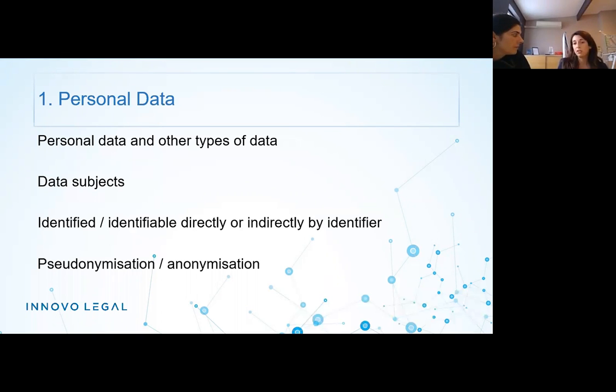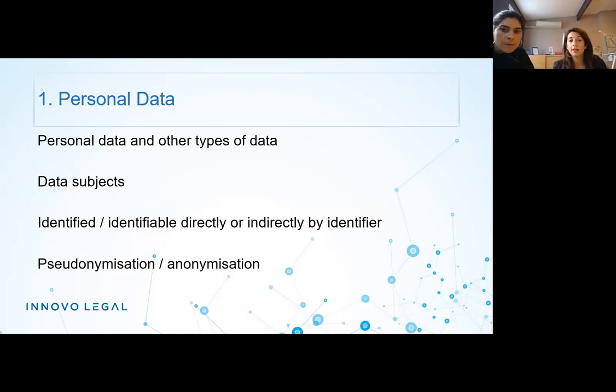So there's been a lot of argument worldwide in the privacy world around geolocation or IP address on the internet, cookies, etc. The GDPR, at least at this point, what we understand is that it's going to take a strict approach. If it's reasonably likely to be linked to other data that can identify you, that could be identifiable indirectly, and therefore it could be personal data. So it's quite broad in terms of what personal data actually is.